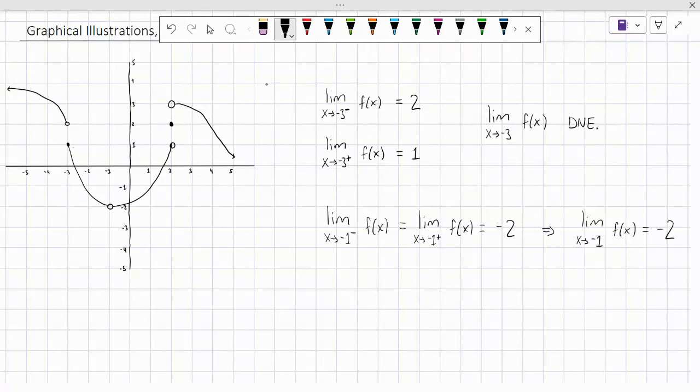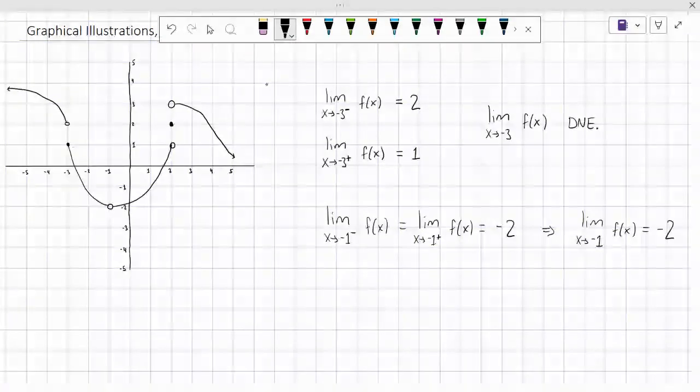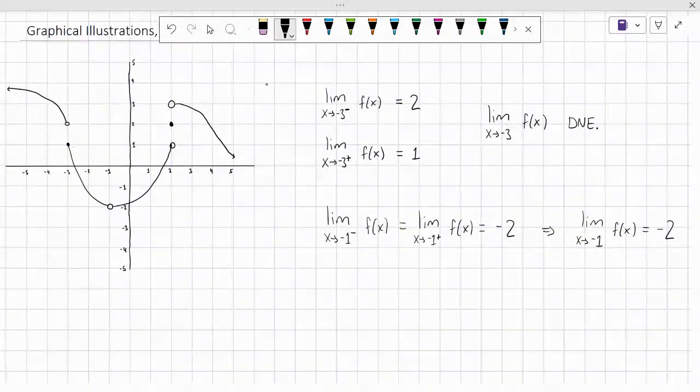All right. So one thing to notice is that it doesn't really matter that there is a hole in the graph at x equals -1. When we're talking about the limit as x approaches -1 of this function, we're just looking at what value the function is approaching.